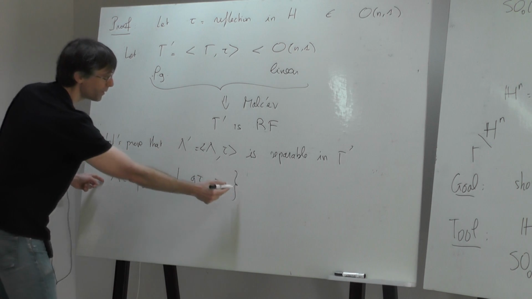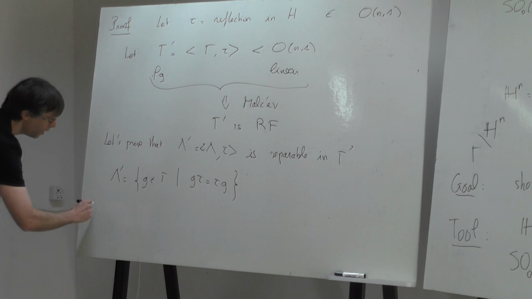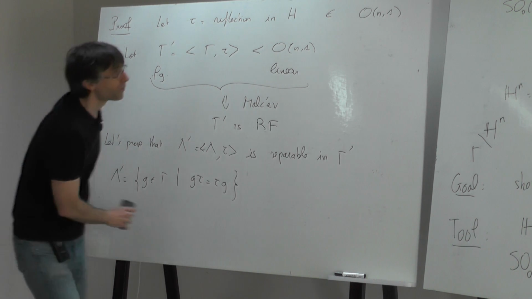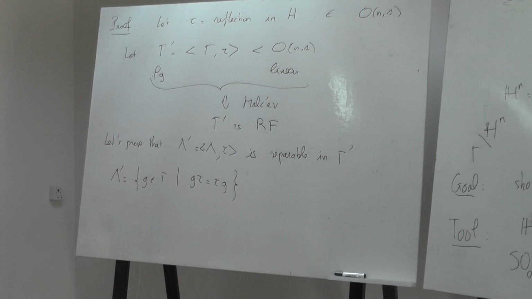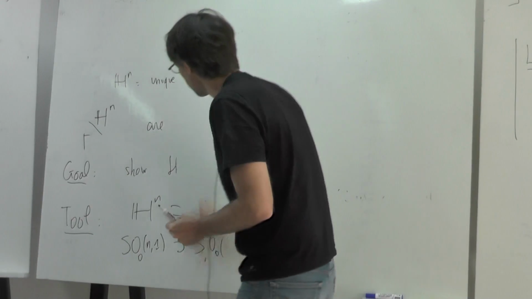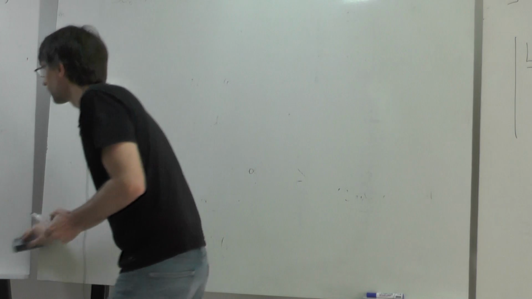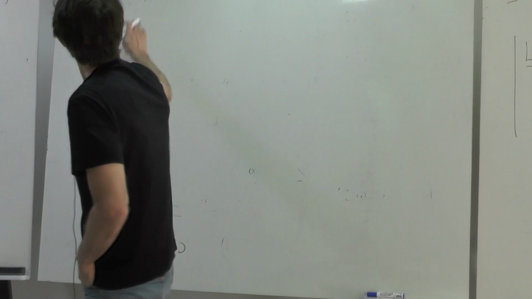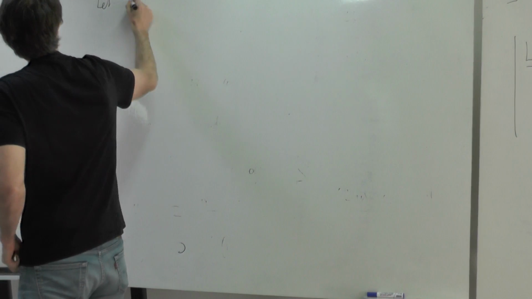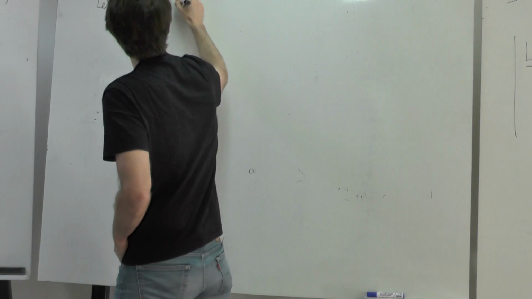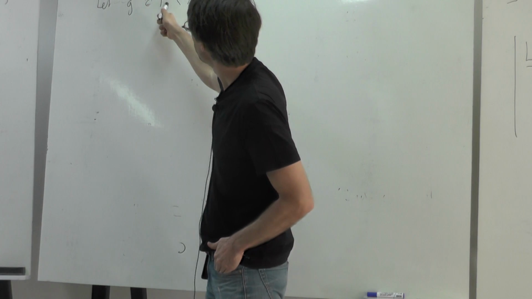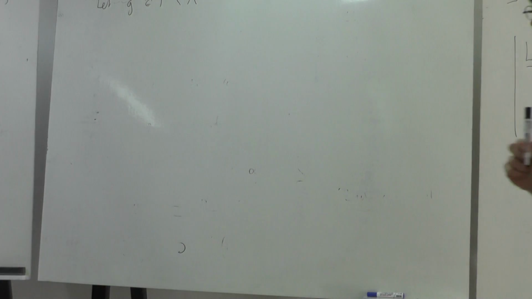If we want to prove that lambda prime is separable in gamma prime, we have to take an element g prime in gamma prime which is not in lambda prime, and we want to construct a finite index subgroup of gamma prime that does not contain g prime.